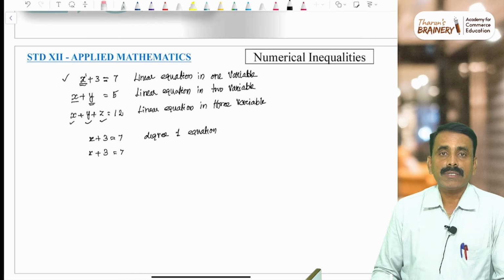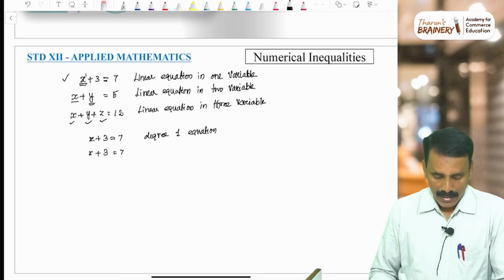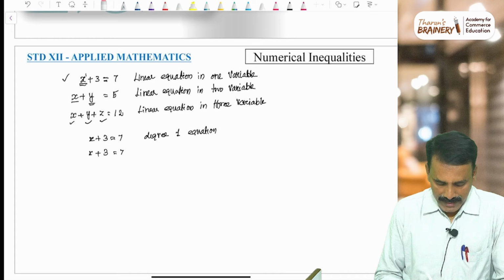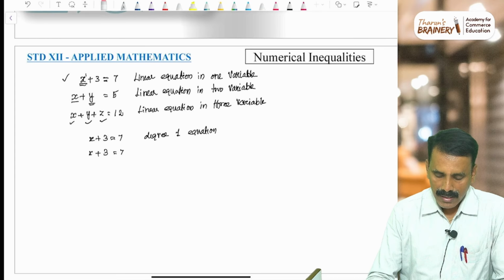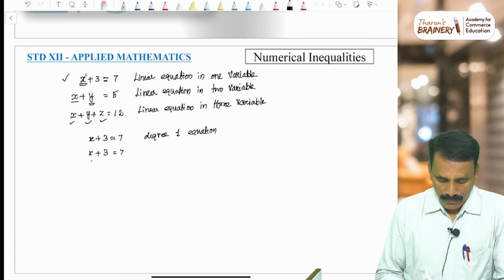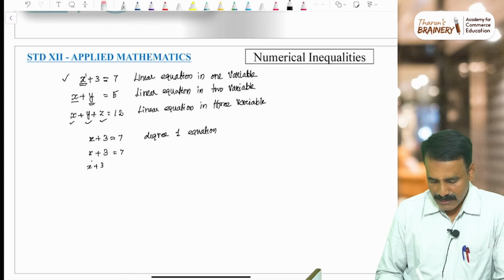How to solve this equation? To find the solution, x plus 3 is equal to 7. We have to find the value for x. With x we have 3 in addition to this x. So, we add the additive inverse on both sides. For 3, the additive inverse is minus 3.